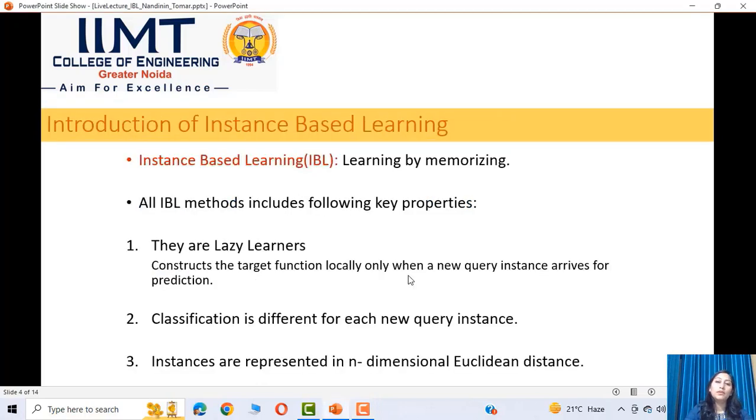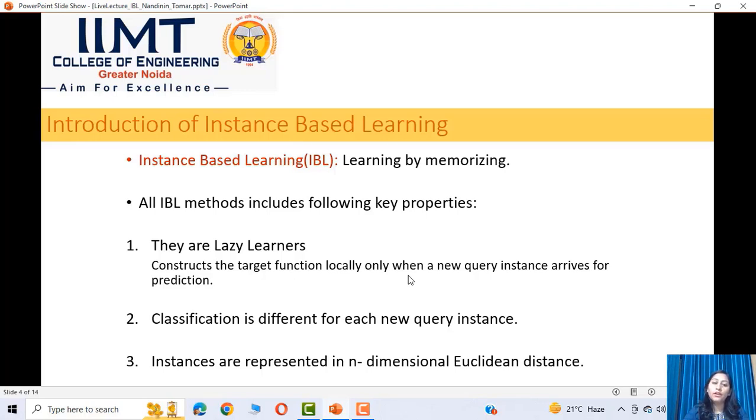Now we'll discuss some key properties of instance-based learning. First one is they are lazy learners. It means that initially the machine does nothing. It just memorizes the given data set, and when a new query instance arrives for prediction, at that time it locally defines a target function for that particular instance and then makes predictions.